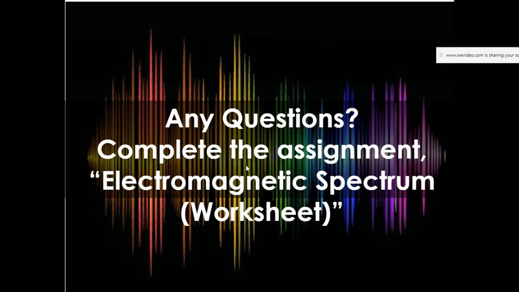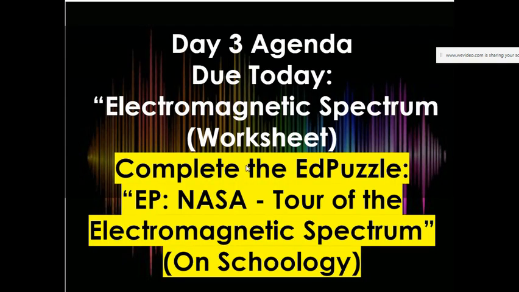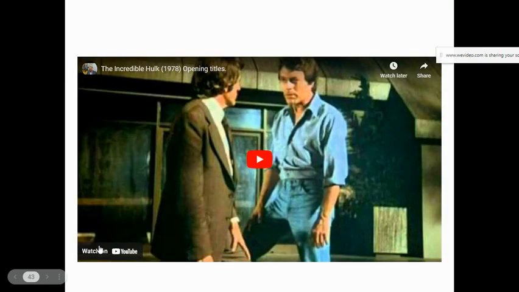Okay, so from that we did the electromagnetic spectrum worksheet. You should have received that back if you handed it in on time. Make sure you review that before the test. We watched the EDpuzzle, tour of the electromagnetic spectrum, and this is the Incredible Hulk. We don't need to watch that right now.